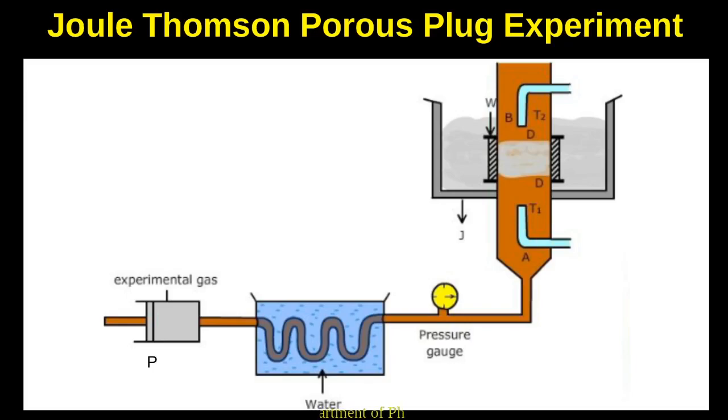As there is no loss or gain of heat during the whole process, the expansion of the gas takes place adiabatically. The initial and final temperatures are noted by means of platinum resistance thermometers, T1 and T2. So this is the experimental procedure.